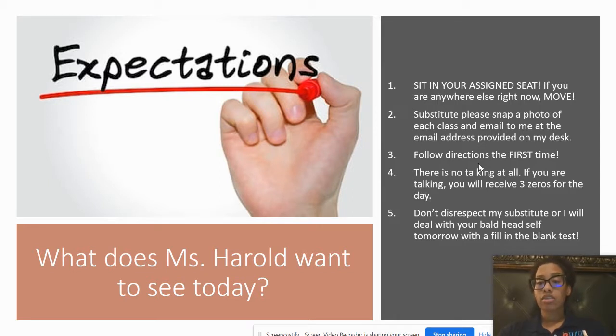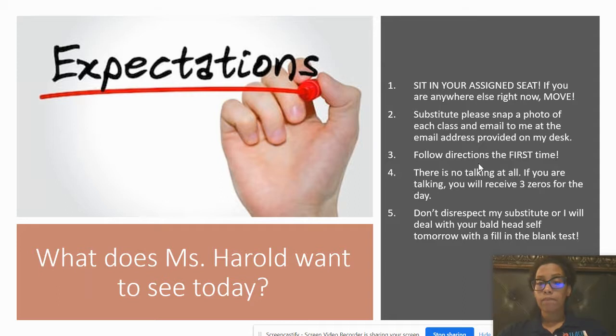Please follow directions the first time they're given. There's no talking at all. The only students that are allowed to talk are my students who need language supports, and they know who they are. And I've already given her those names. And if you don't know if it's you, then it's not you.